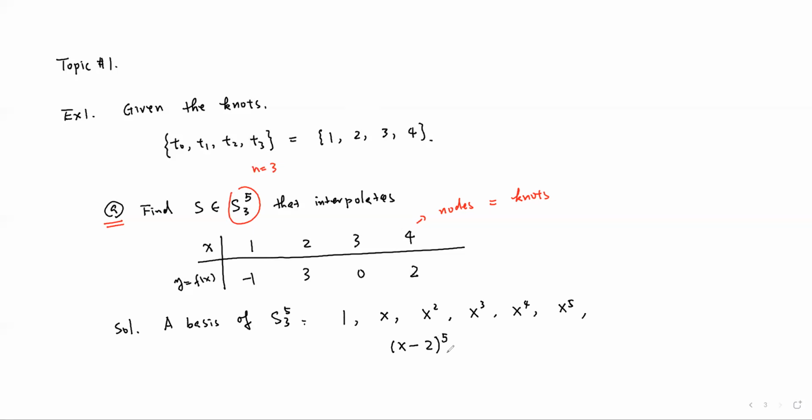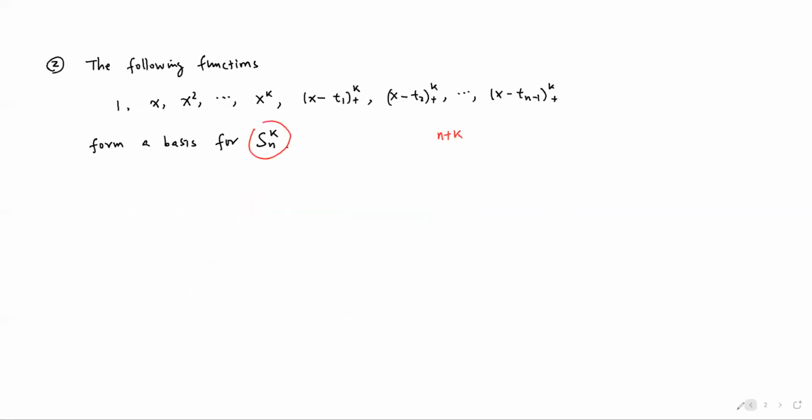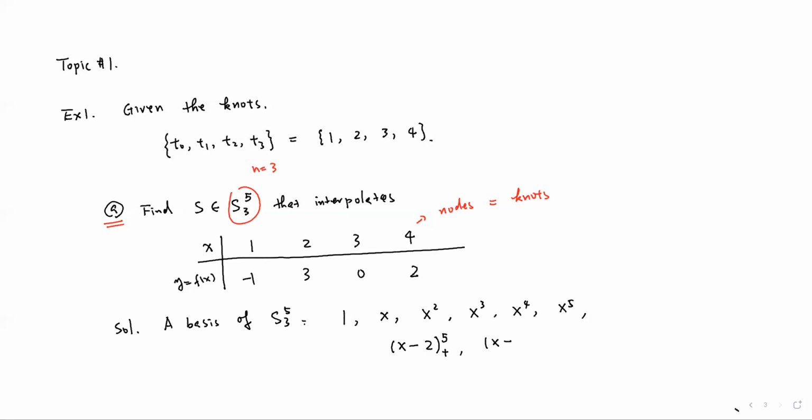Then (x minus t2) to the power 5, truncated power function, where t2 is 3.